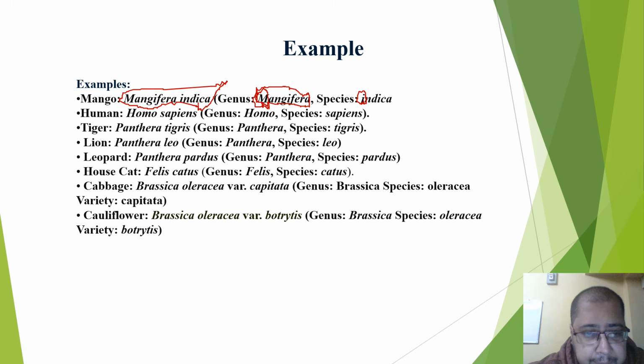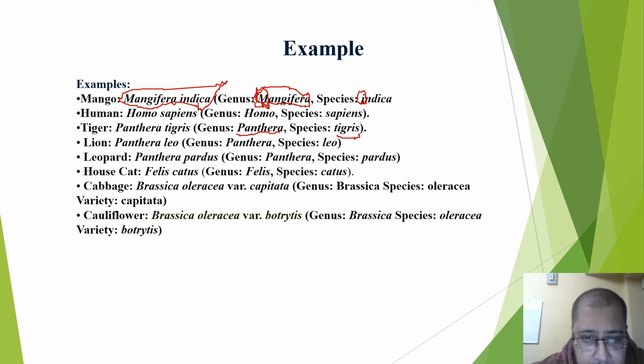Now, tiger, lion, and leopard, they all belong to the same genus, Panthera. But the species is different. For example, the scientific name of tiger is Panthera tigris, with the genus name being Panthera and the species name being tigris.